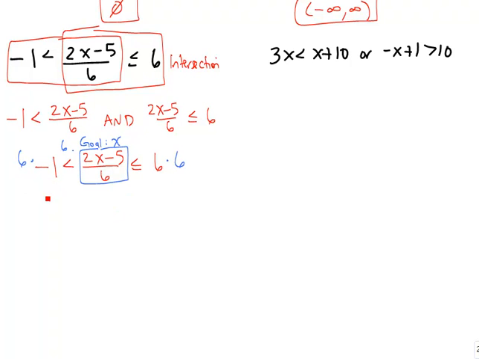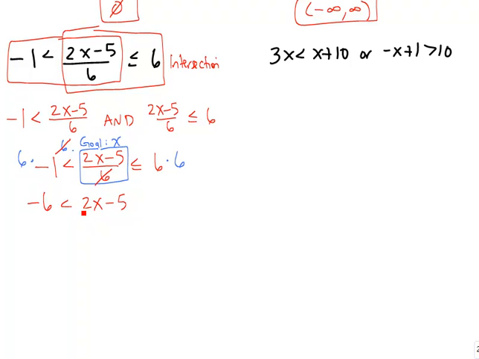So 6 times negative 1 becomes negative 6. The 6 that we multiply in the middle serves the purpose of canceling out the 6 in the denominator. The only thing you should have left in the middle is that numerator. Don't be tempted to try and multiply the middle or the numerator by 6 as well.